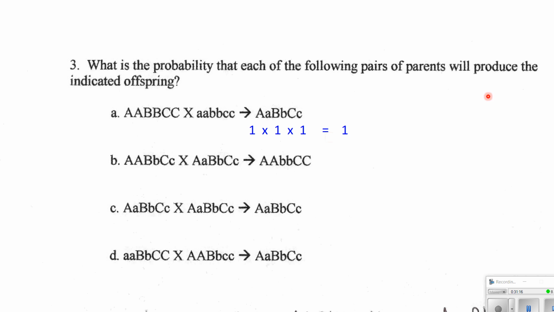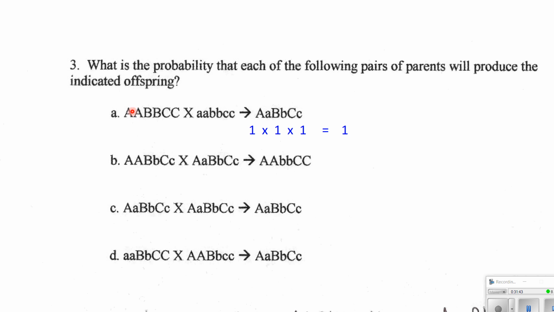Okay, let's see how you did. Now this one is kind of interesting because if this parent is big A, the probability that it's going to pass down big A is 1. That's the same thing as 100% chance. Probability of 1 means it absolutely will happen. A probability of 0 means it absolutely will not happen.